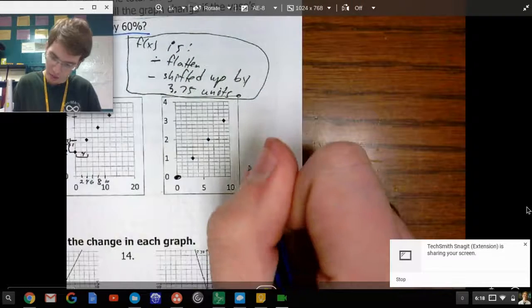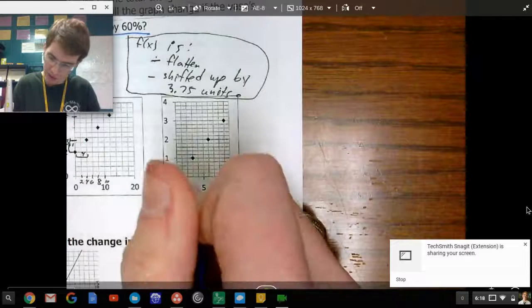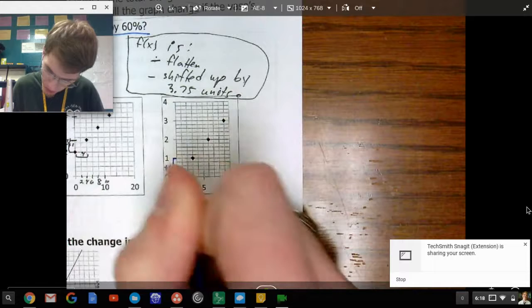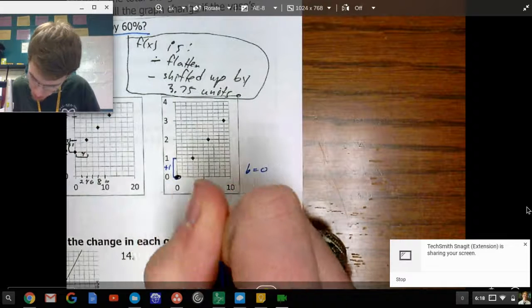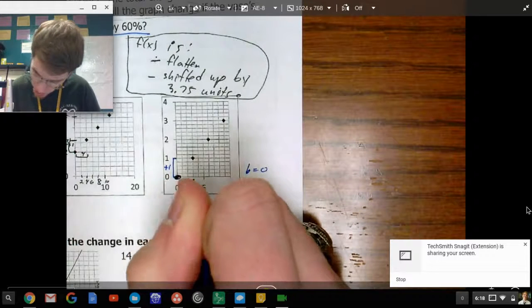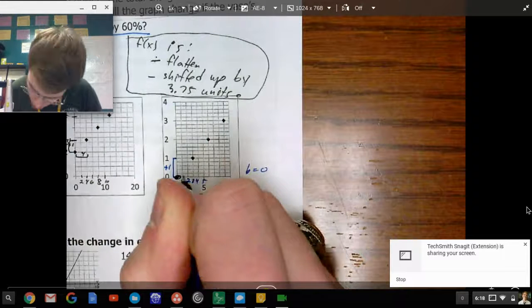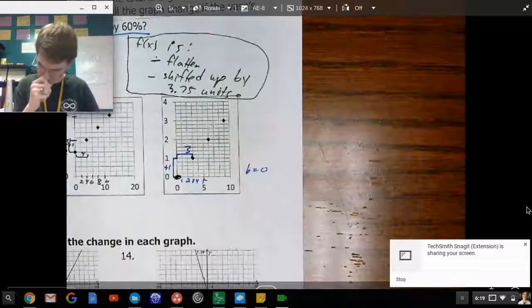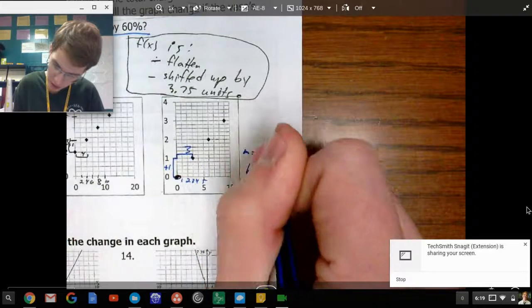And the slope, from here to here is up 1, and over, this is actually going by 1s here, 1, 2, 3, so it goes over 3. So my slope is 1 over 3.